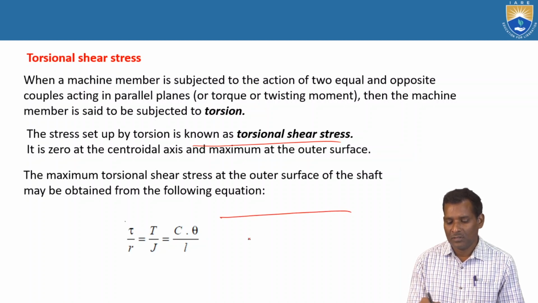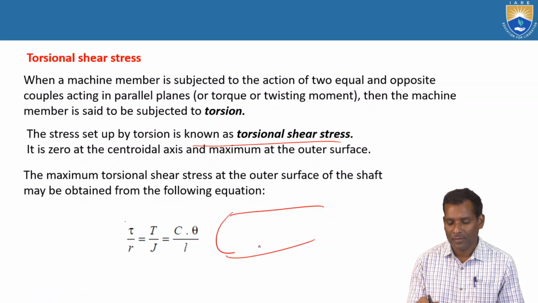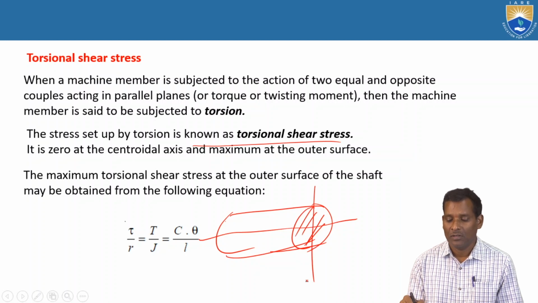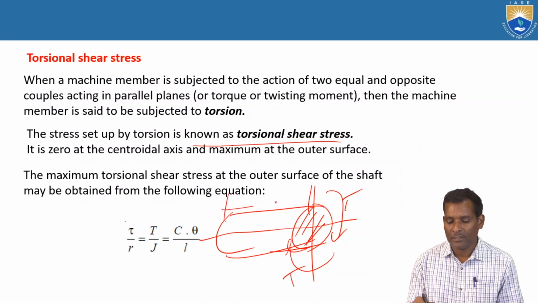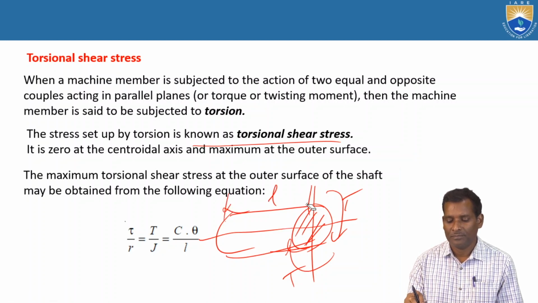Suppose a cylindrical object, a shaft, is subjected to torsion. L is the length of the shaft.